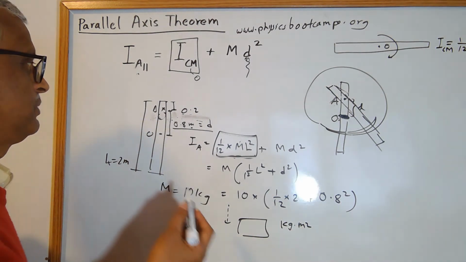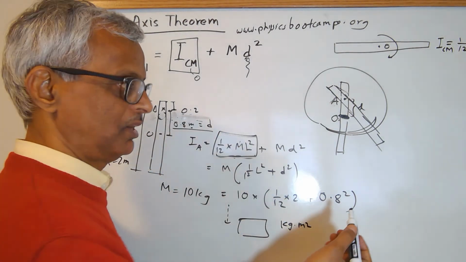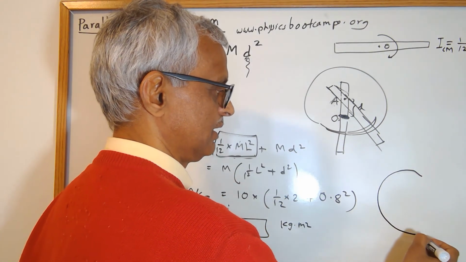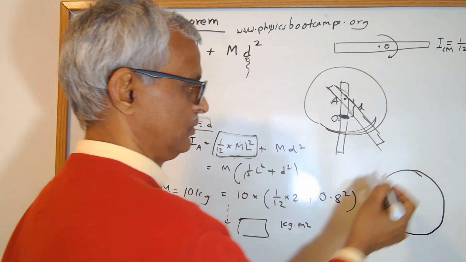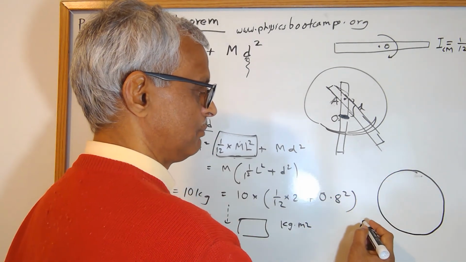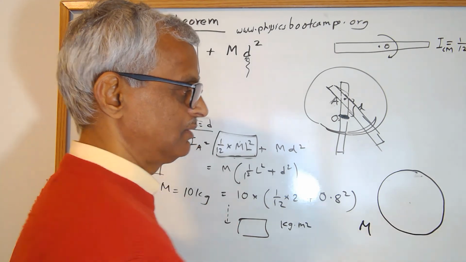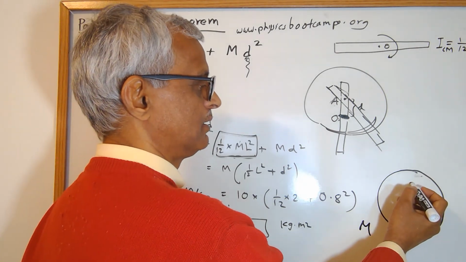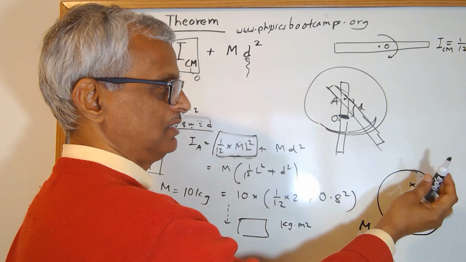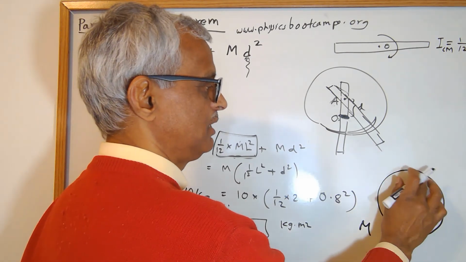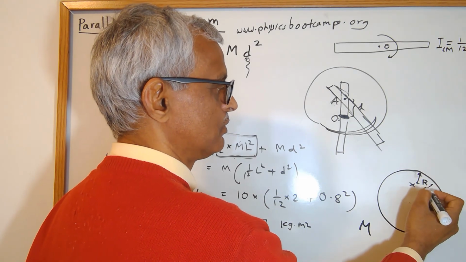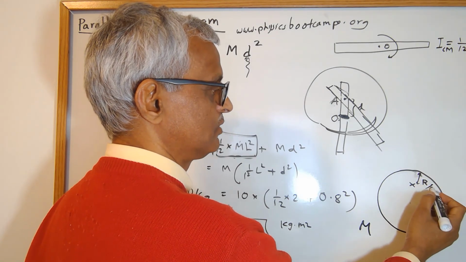So I'll recommend doing this problem, and I'm not going to do it, but I'll say you do it. Here is a disk, but I'm not going to hang it at the center. I'm going to hang it at a point, so the pin is coming out there, and maybe this distance is radius over 3.